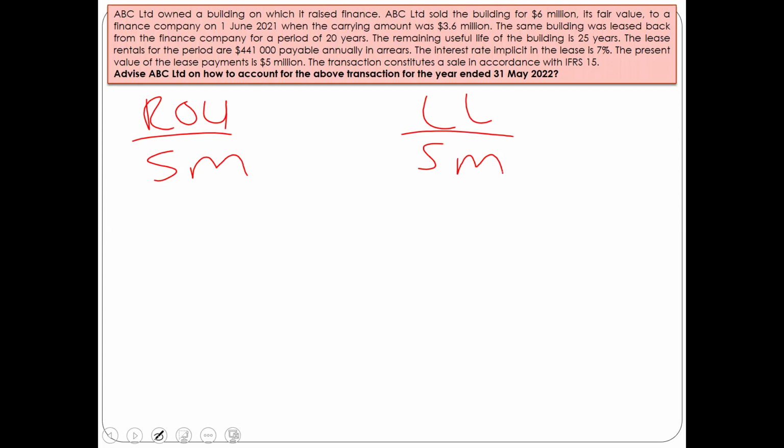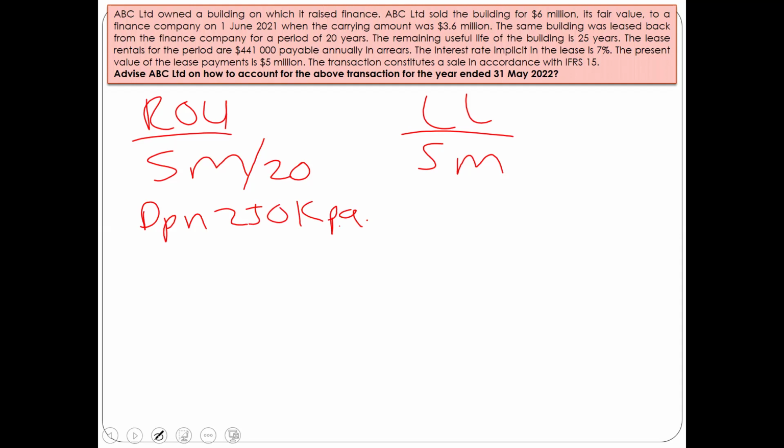Now, from a right of use perspective, we are simply going to say 5 million divided by the 20 years for us to get the depreciation charge. So our depreciation charge becomes 5 million divided by the 20 years, which gives us 250K per annum. So in our statement of profit and loss, we are going to recognize depreciation of 250,000 per annum.